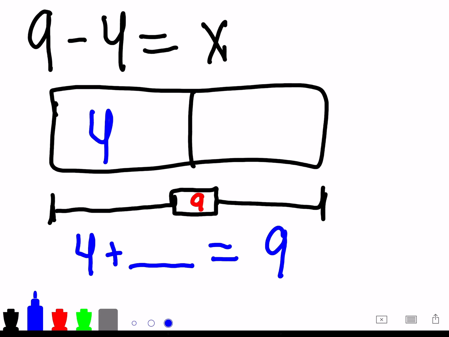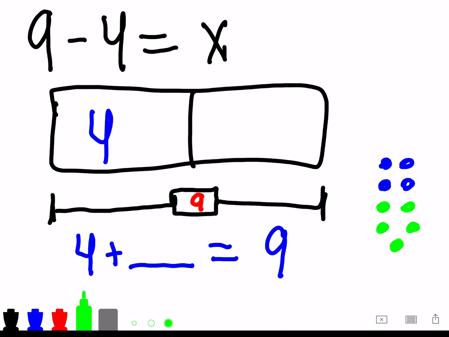So we can solve for the mystery number in multiple ways. We could do the number counting strategy, or we can use the number line. Let's do one problem with the number counting strategy. So we have 1, 2, 3, 4. We have 4 dots, right? But we're going to count to 9. So we're on 4, 5, 6, 7, 8, 9.